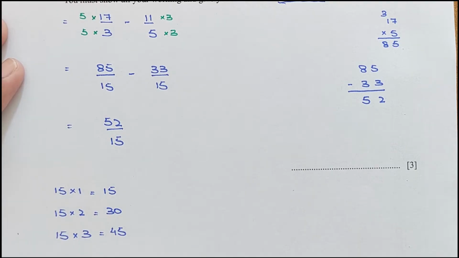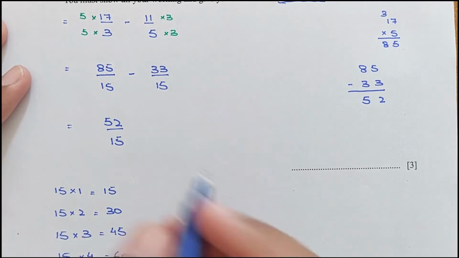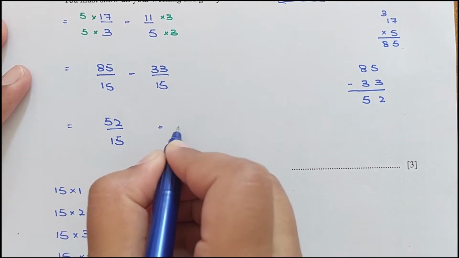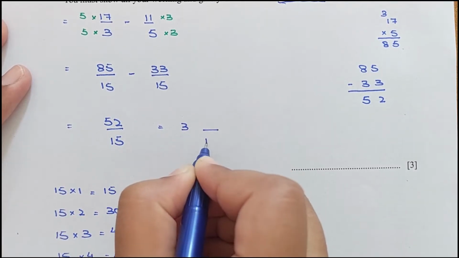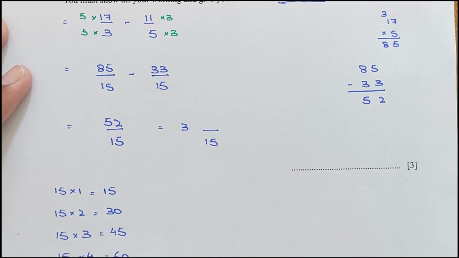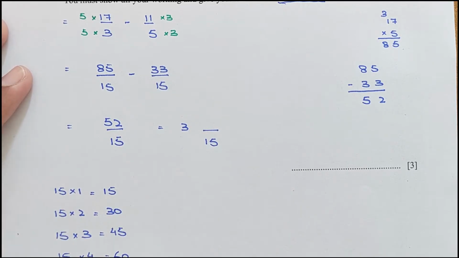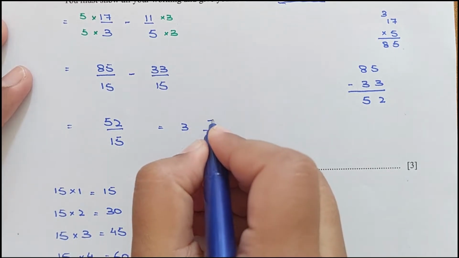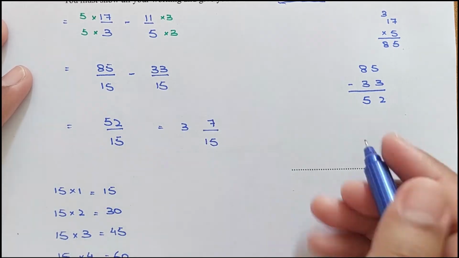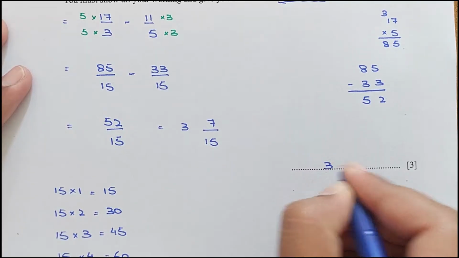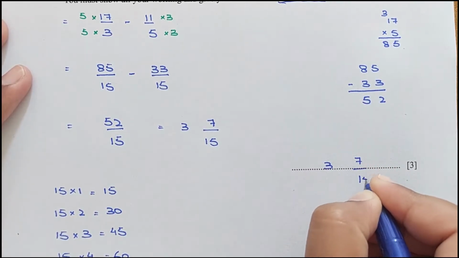And 15 times 4 is going to be 60. Yeah, it's more than 52. So 15 times 3 is 45. In 45 we add what to get 52? 46, 47, 48, 49, 50, 51, 52. We add 7. Right? So the mixed number in simplest form is 3 and 7 out of 15.